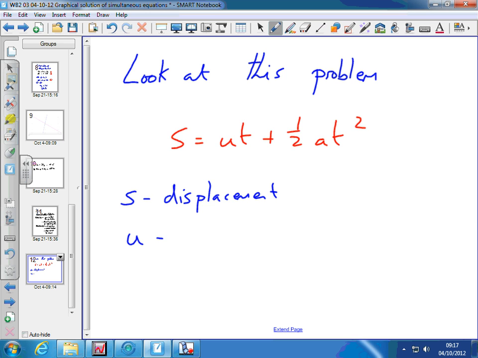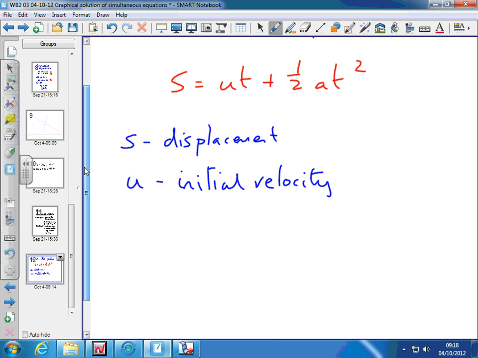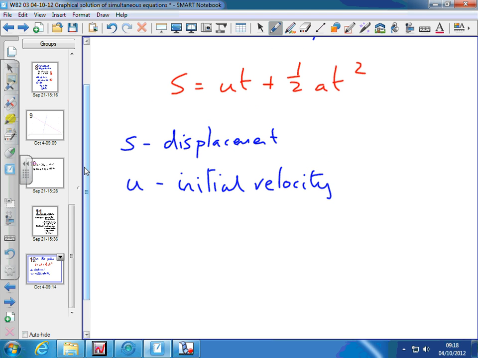What does the U represent? The initial velocity. A is the, there's a clue in the letter, acceleration.